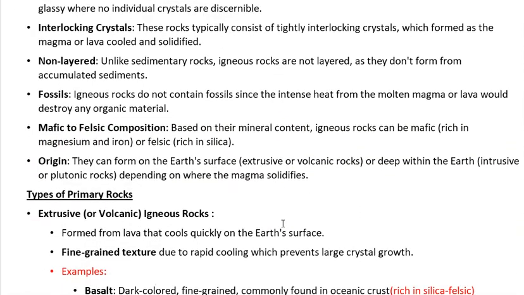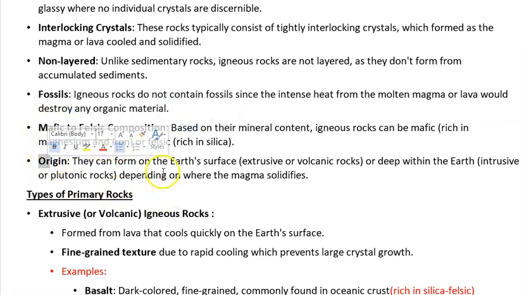Why? Because even if there is any fossil, it will be completely degraded by the extremely hot molten magma. Then about its mineral composition, whether it has silica or not. If it is rich in silica, it is called felsic. If it is not rich in silica but contains magnesium and iron, it is called mafic.